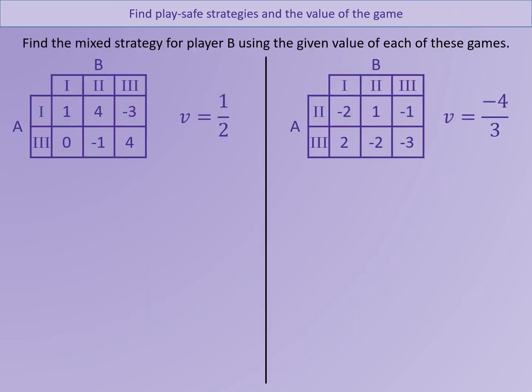So for each of these two now, I'd like to pause the slide and work out the mixed strategy for player B using the value of each of these games. You've got two ways this could be done. One way is to assign probability P to strategy 1, Q to strategy 2, and 1 minus P minus Q to strategy 3 for player B, and calculate it as in the previous example.